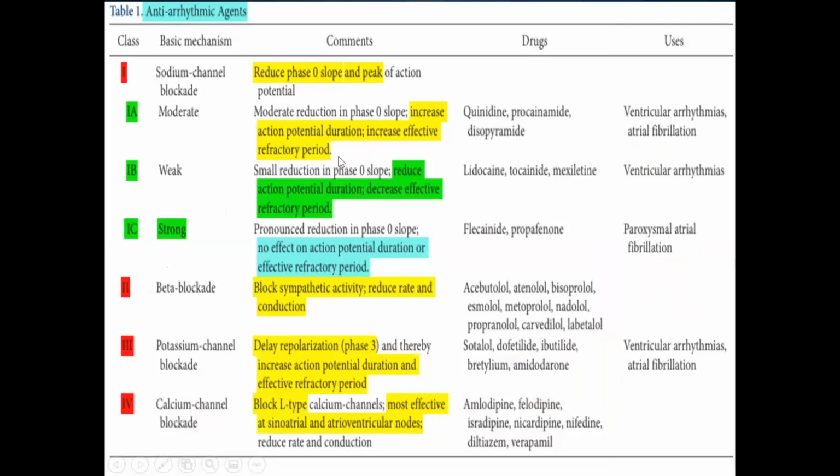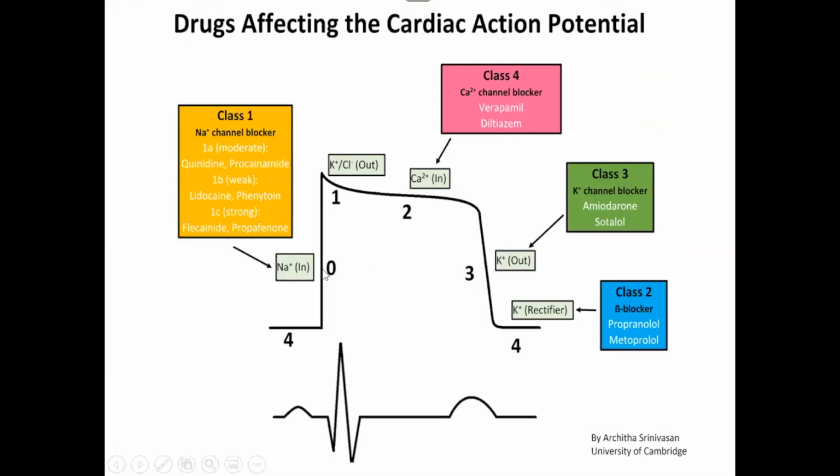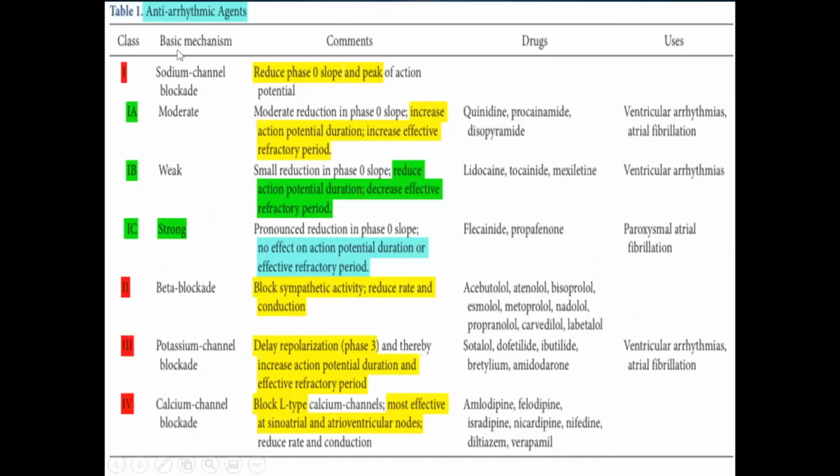So what are the important things that can be asked regarding antiarrhythmics? First, if it is a sodium channel blocker, they will ask about the phase 0 slope, the effect of the class 1 antiarrhythmics on your phase 0. What happens in phase 0, whether it affects phase 0 or not. The class 1 group usually reduces the phase 0 slope.